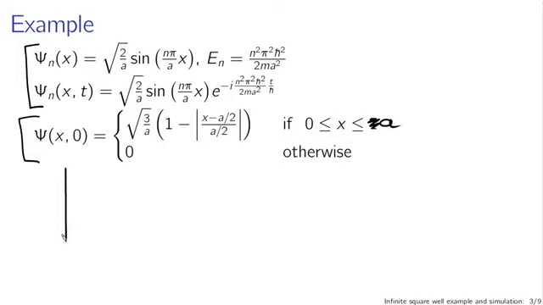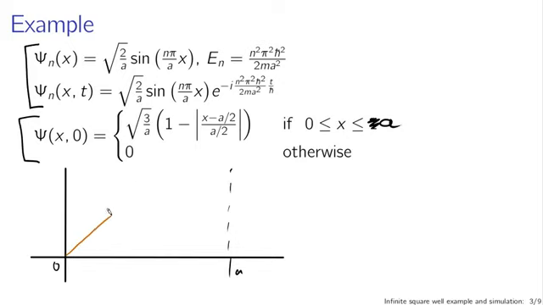But what the plot actually looks like, if I draw a coordinate system going from 0 to a, is this. It's just a tent, a properly built tent with straight walls going up to a nice peak in the middle.